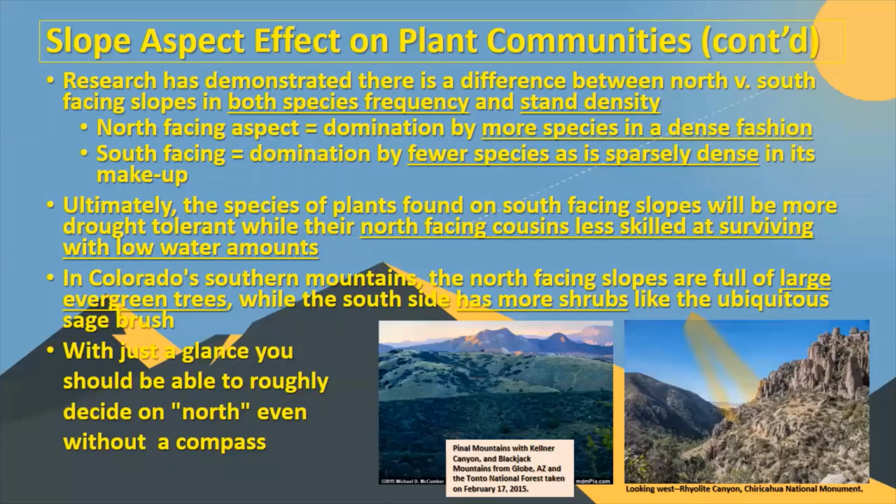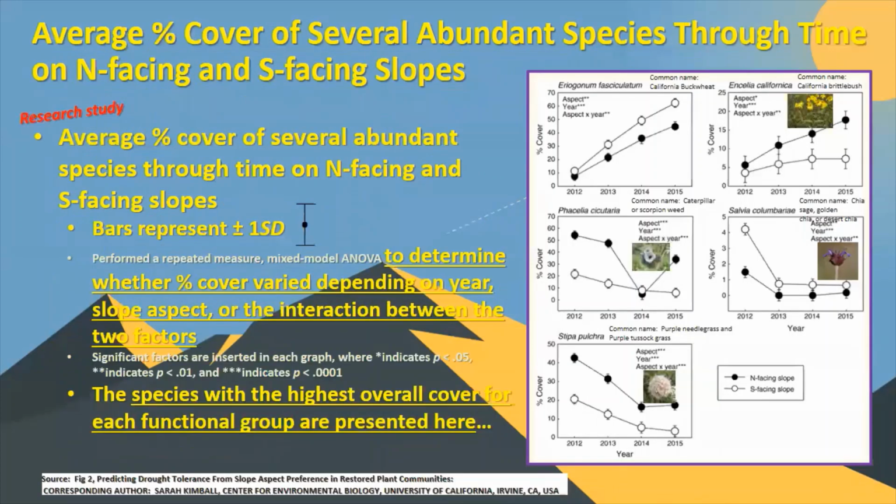And even over in Chiricahua National Monument, I put in these sun rays to help you see which slope the sun's on the most. This is the south facing slope in Rhyolite Canyon in the Chiricahua National Monument. This is the north facing slope. Good example of different vegetation.